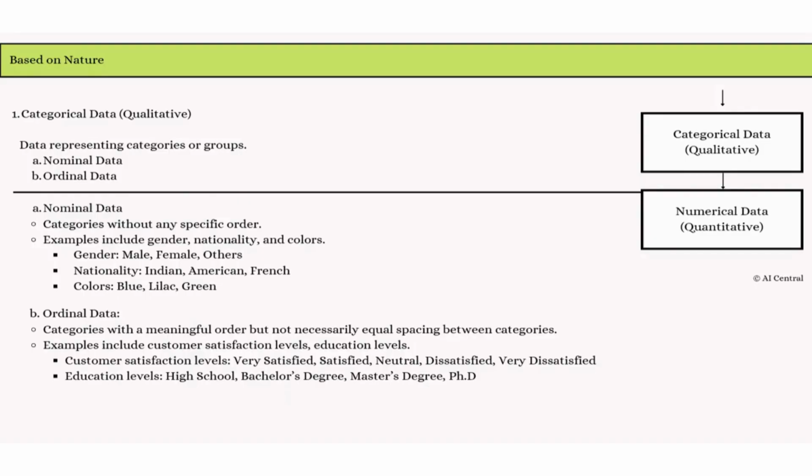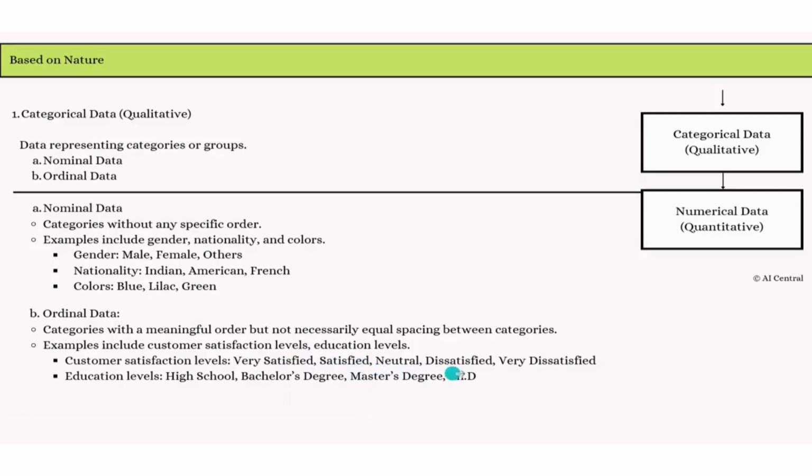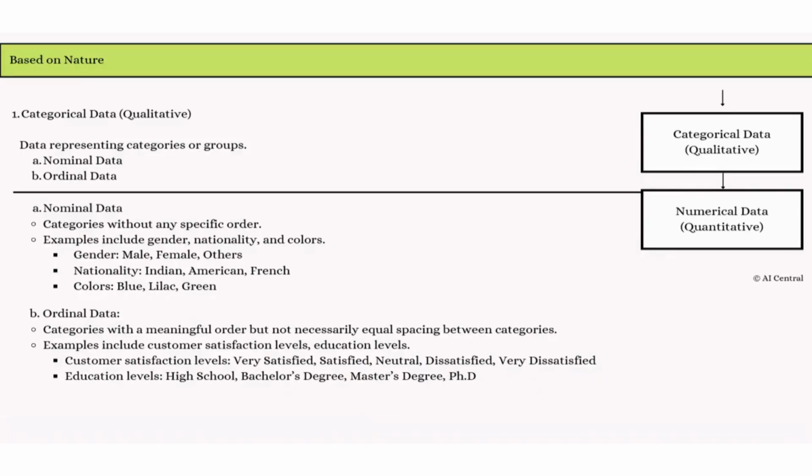So if I give the example of customer satisfaction levels, where a restaurant is asking to rate based on their satisfaction levels, it can include categorical orders like very satisfied, satisfied, neutral, dissatisfied or very dissatisfied. So there is some meaningful order over here.